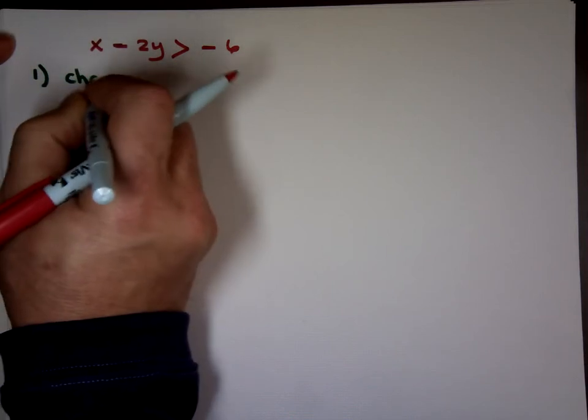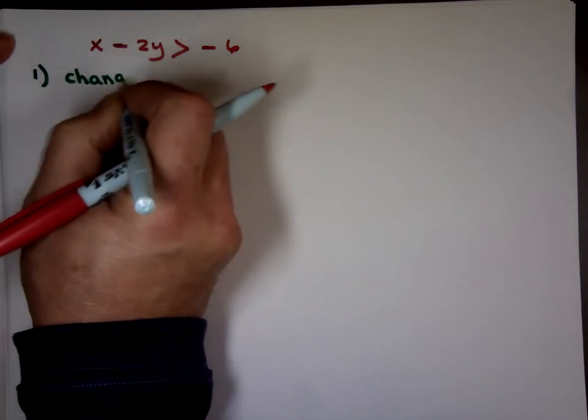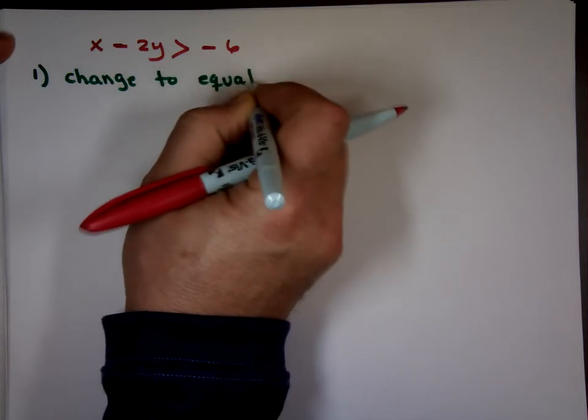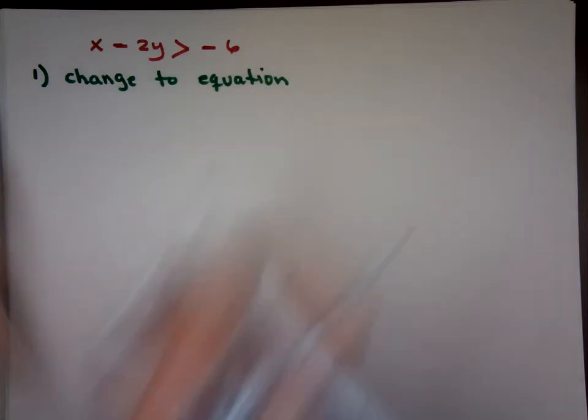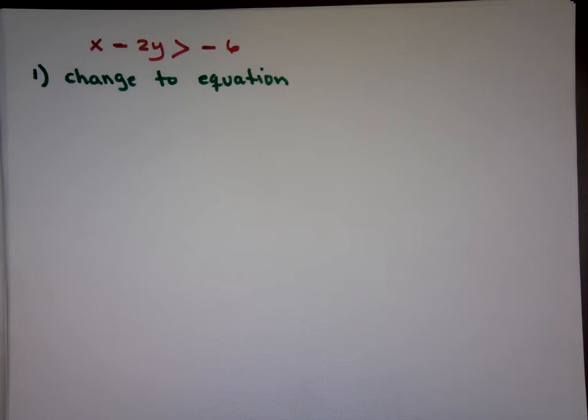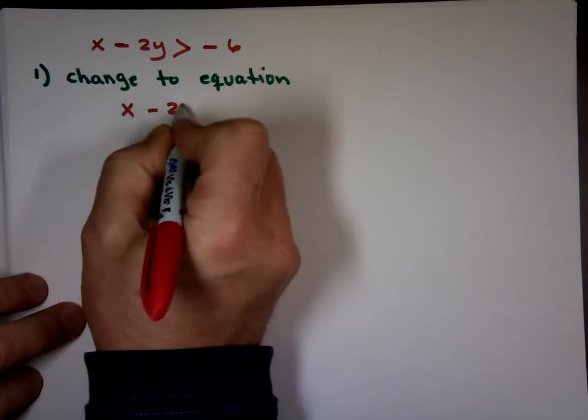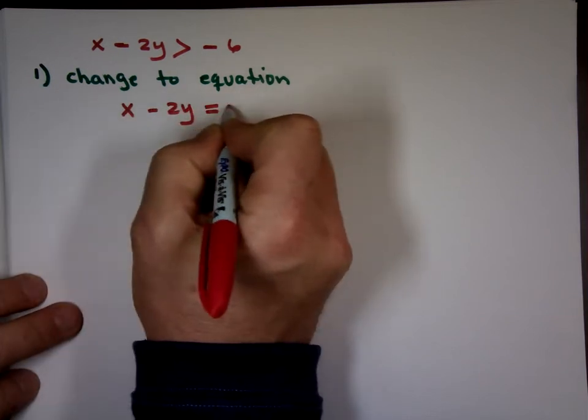Change to an equation. X minus 2y equals what? Negative 6.